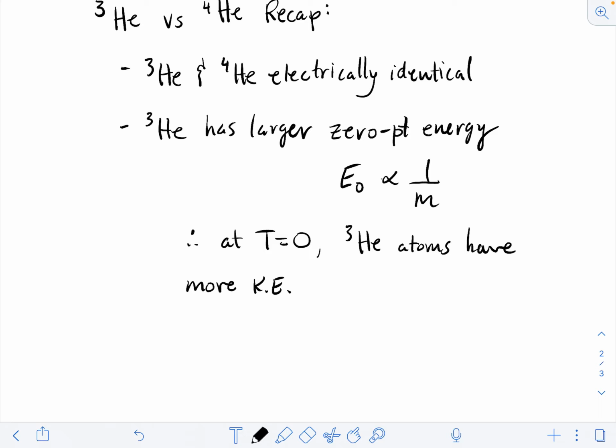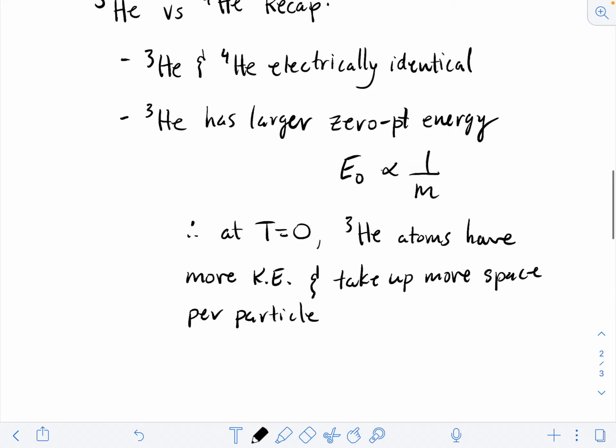So if you can imagine, they're kind of vibrating around with more vigor than the helium-4 atoms, and that means they take up more space. So they have more kinetic energy, and they take up more space per particle. And that idea is going to be important for what we're going to discuss today.